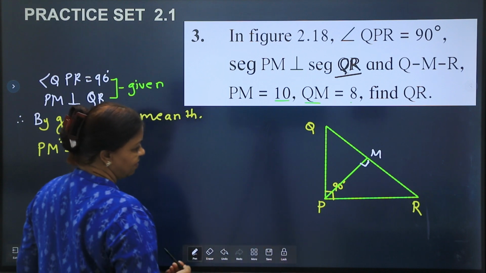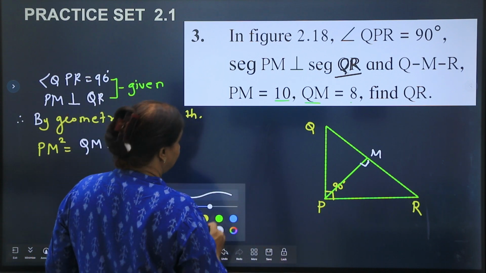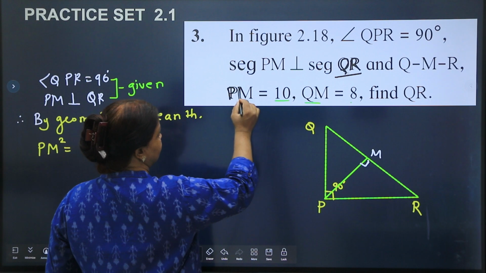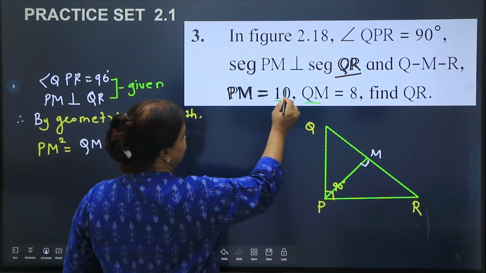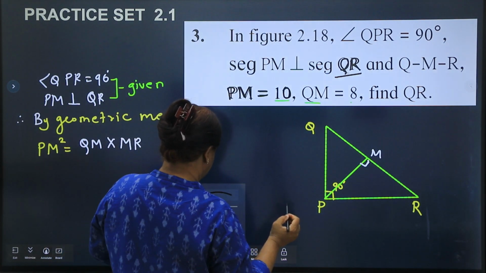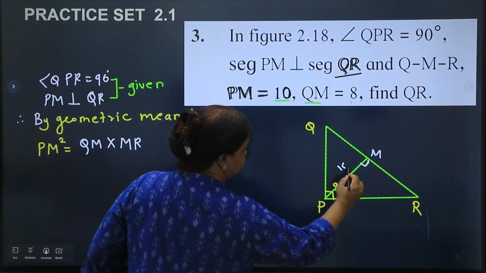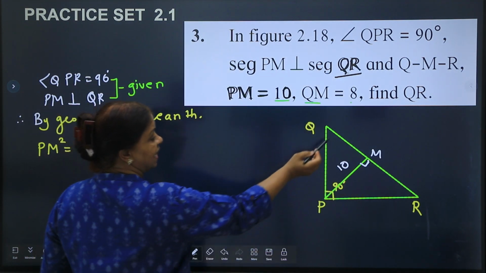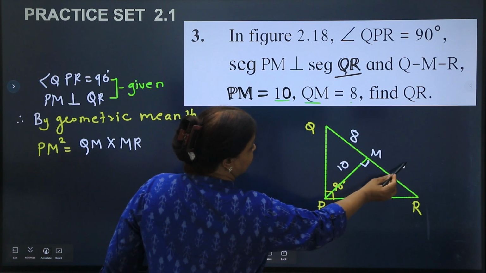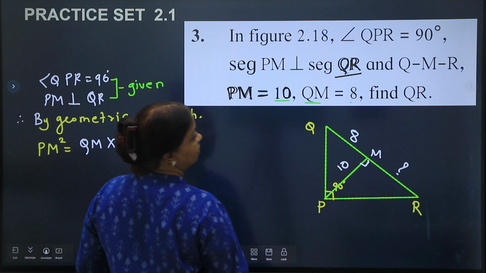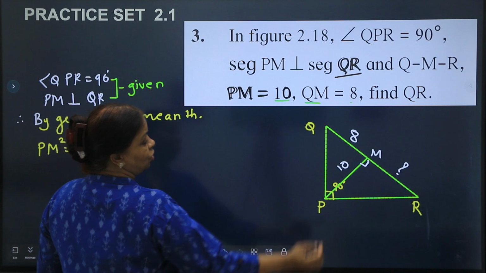Now let's see what is given. Here PM is given 10 and QM is given 8. We need to find out QR.